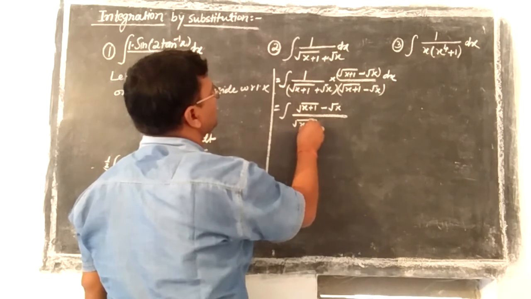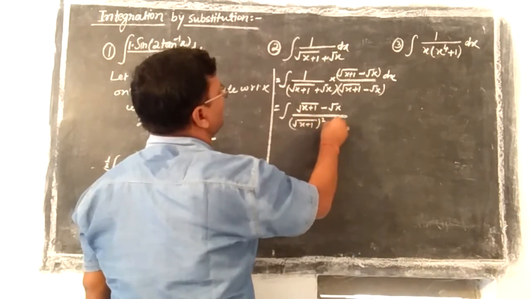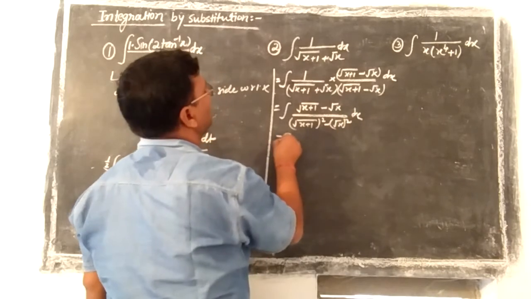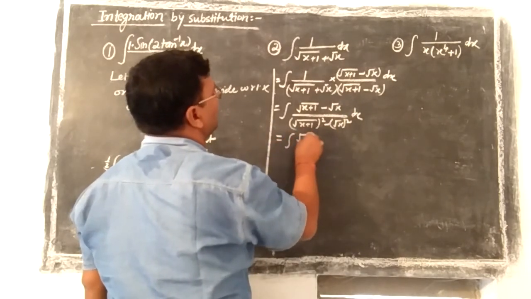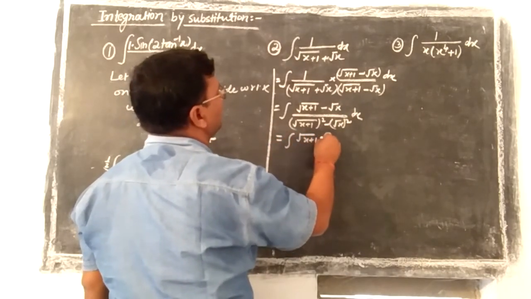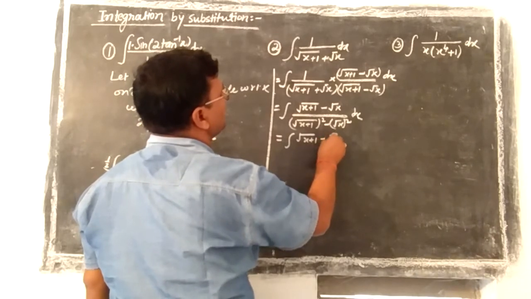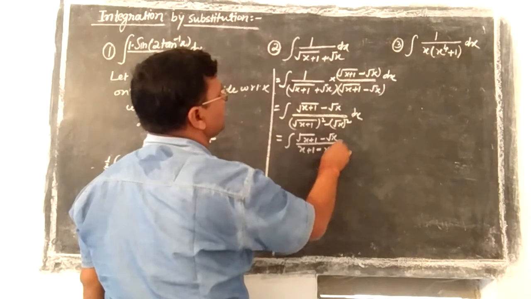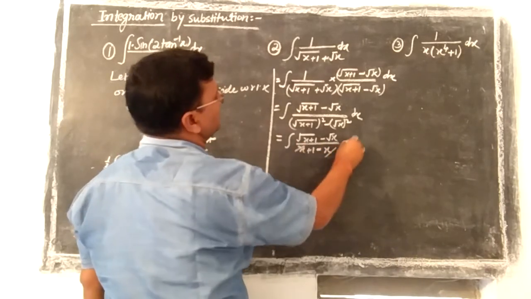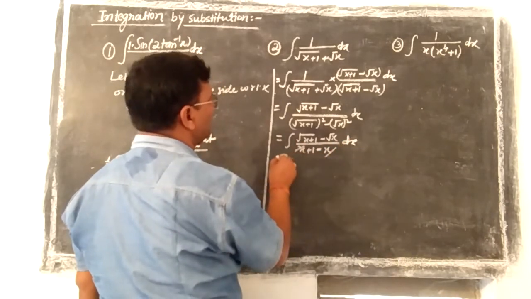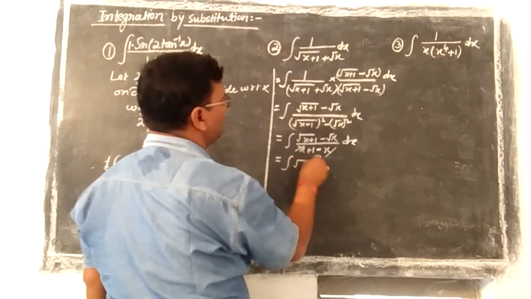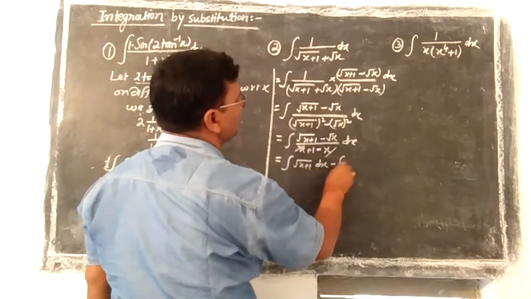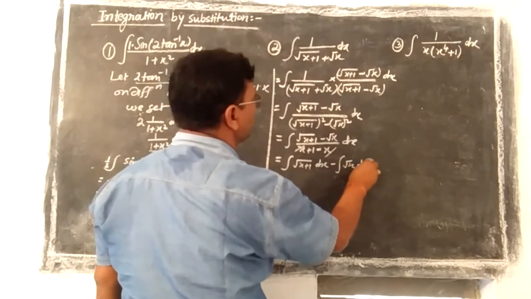Therefore, it will be under root x plus 1 whole square minus under root x square dx, and it will be under root x plus 1 minus under root x upon x plus 1 minus x. X is cancelled by x. Therefore, it will be integration of under root x plus 1 dx minus under root x dx.